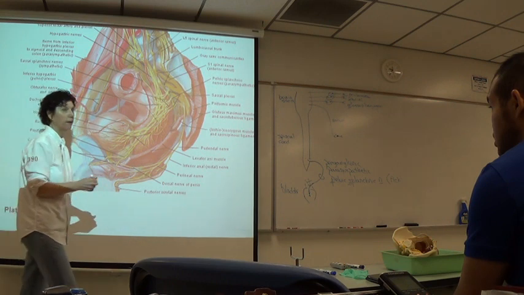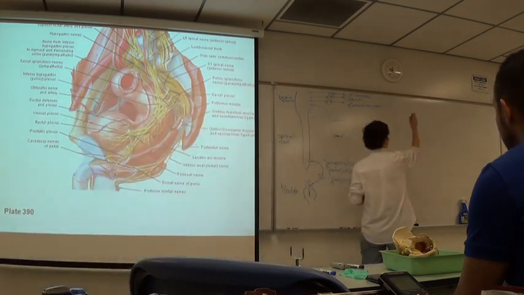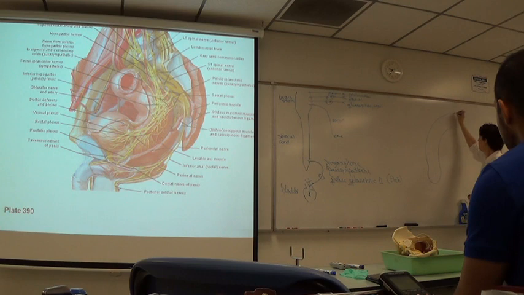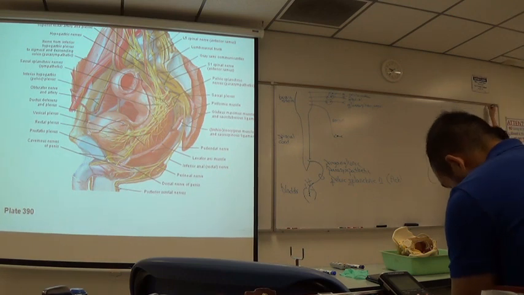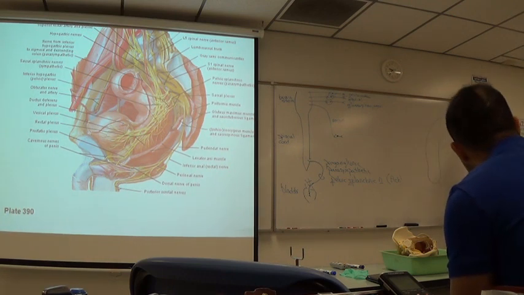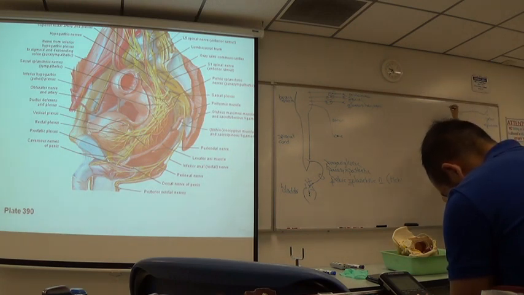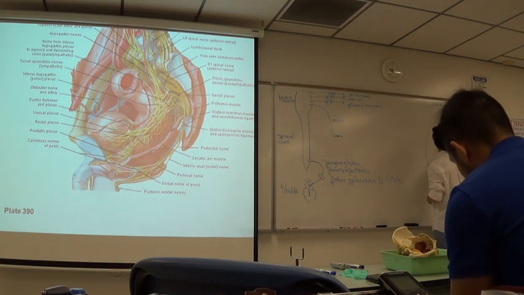So we're going to have pelvic splanchnic. I'll draw it facing the same direction. So coming off of our ventral rami, parasympathetic, we're going to have pelvic splanchnic up here. It's called pelvic splanchnic. As it gets to the penis, it's known as the cavernous nerves.